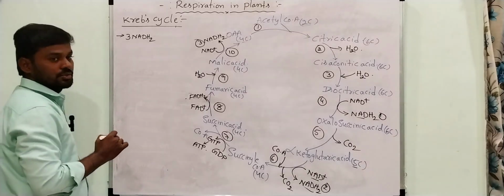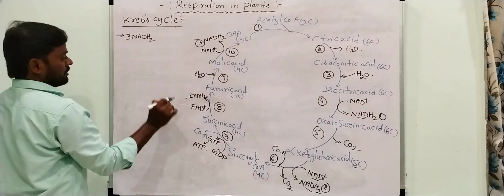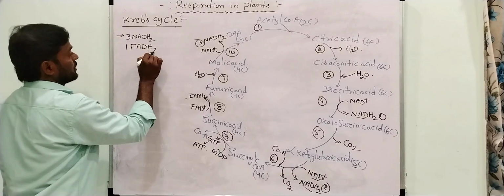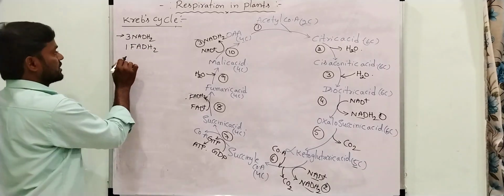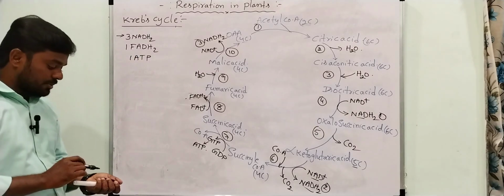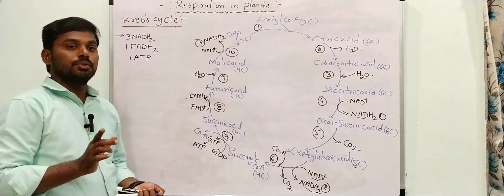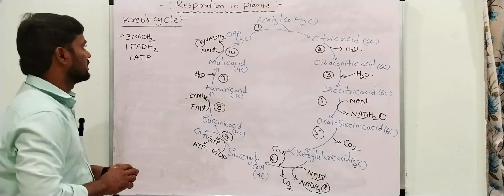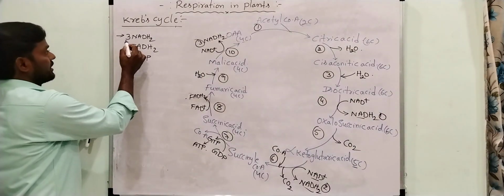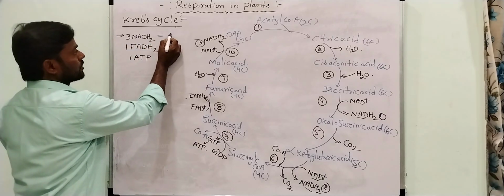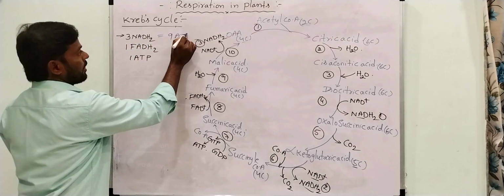In this one Krebs cycle we get 3 NADH2 in total. And how many FADH2? Sorry, 1 FADH2. And how many ATPs? 1 ATP. In the previous class I already told you, from 1 NADH2, 3 ATPs are released. So from 3 NADH2, totally 9 ATPs.